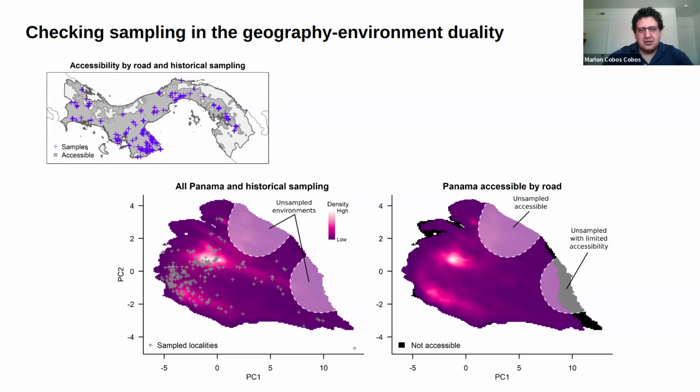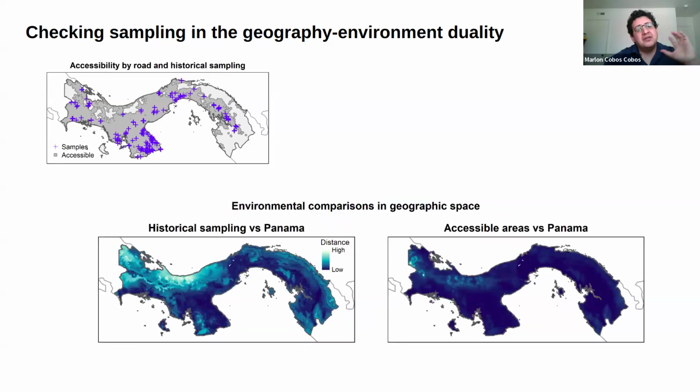So if we compare those environments that were sampled versus everything in Panama, then we see these light points here that show what is not actually sampled. And if we compare everything that is accessible in Panama versus everything that exists in Panama, then there are only a few regions that we would really miss if we sample what is accessible. And this is more of a geographic representation of it.